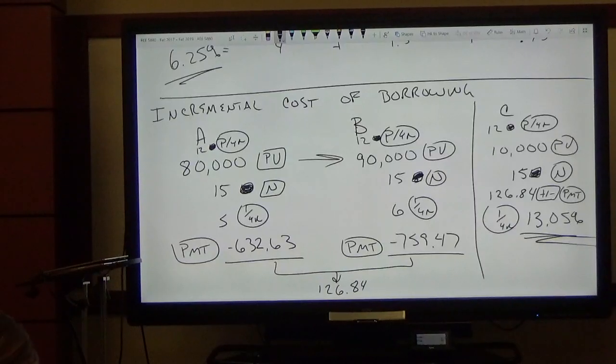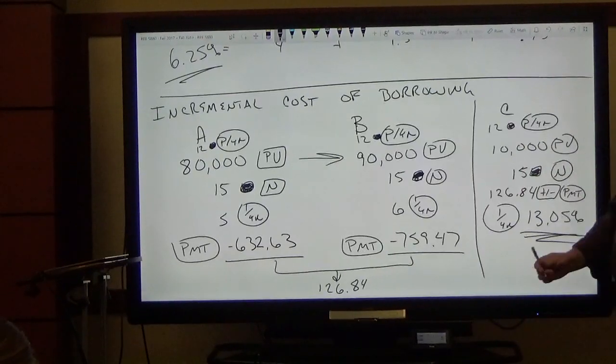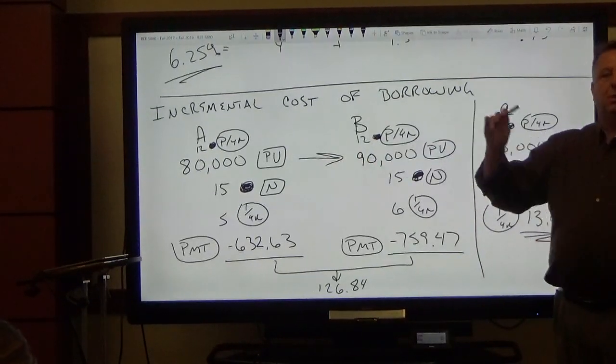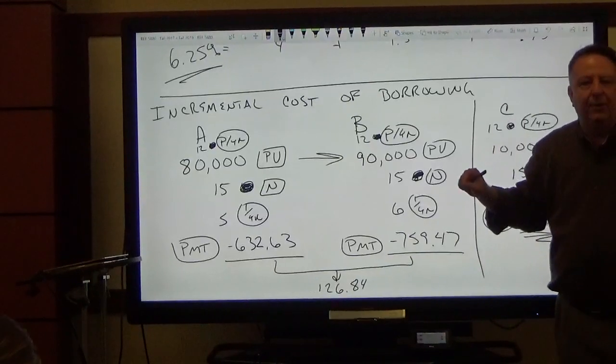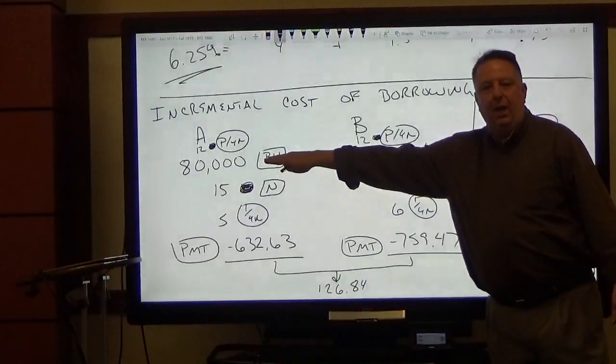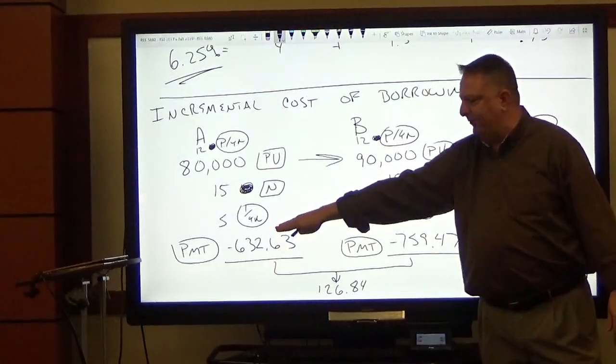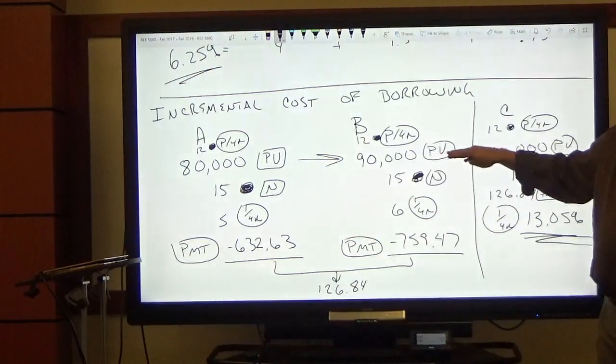So this is how lenders screw you, in very simple terms, because in many cases this is the same lender. They're basically saying, we'll give you an 80% loan at 5%, or we'll give you a 90% loan at 6%.